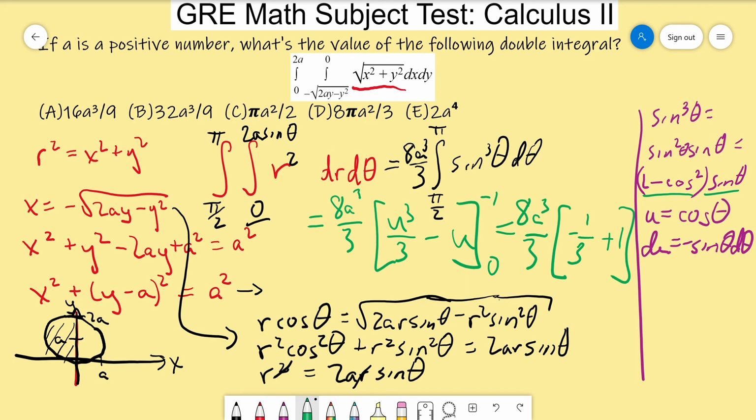Negative 1/3 plus 1 is 2/3. So 2/3 times 8a cubed over 3 is going to give us 16a cubed over 9, which is answer A.